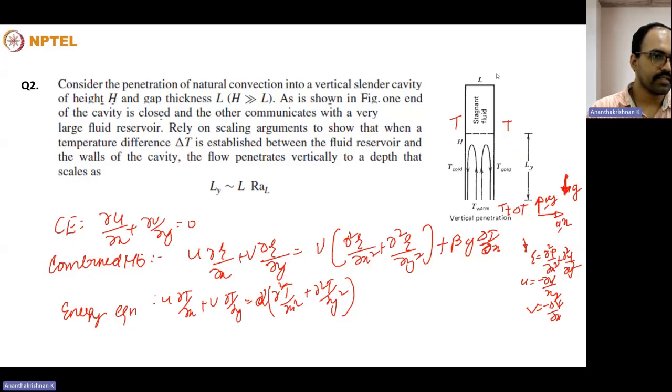Here the x dimension is less compared to the y dimension. Therefore, the y dimension, this particular derivative, is negligible compared to this. So we can scale it accordingly.